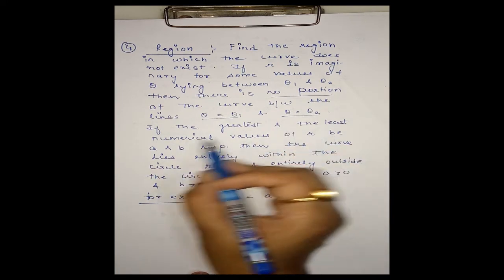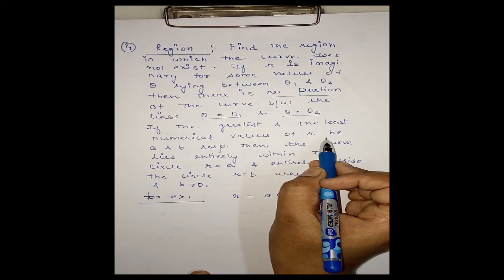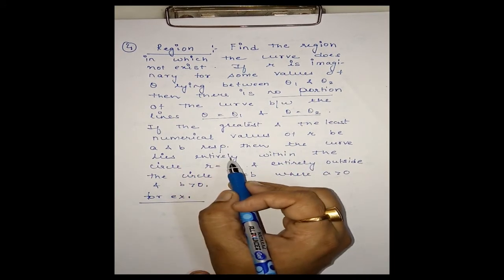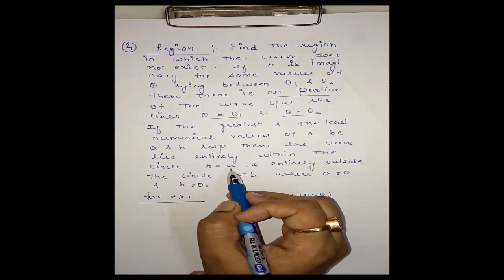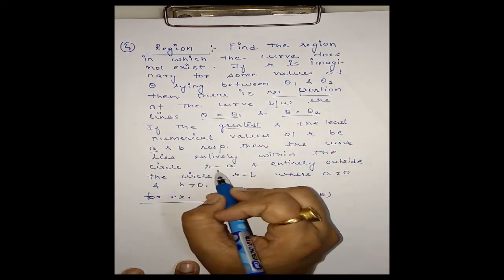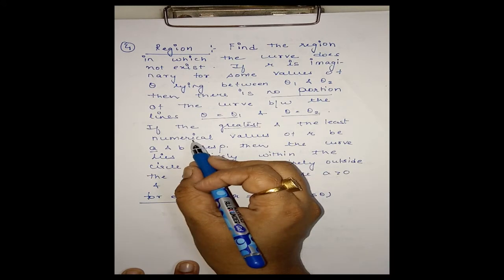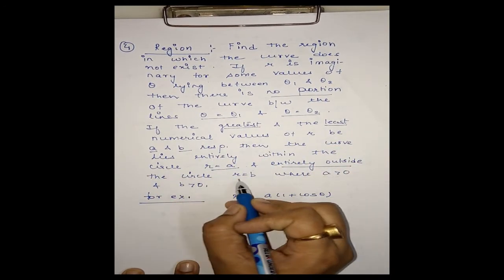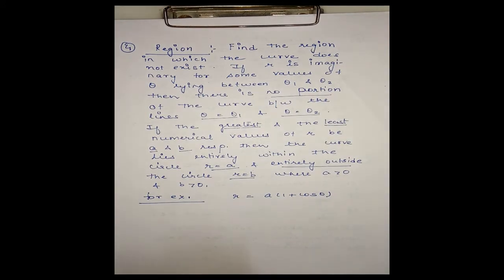If the greatest and the least numerical values of r be a and b respectively, then the curve lies entirely within the circle r is equal to a, since the greatest value is a and the least numerical value is b, and entirely outside the circle r is equal to b, where a is positive and b is positive.